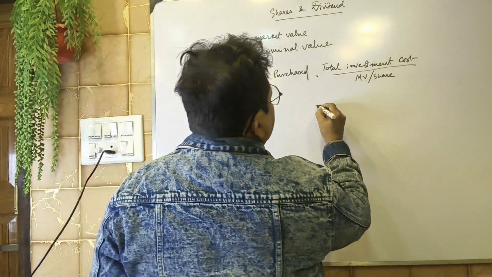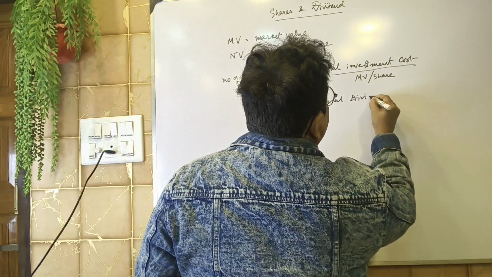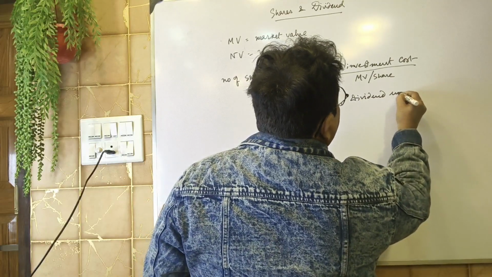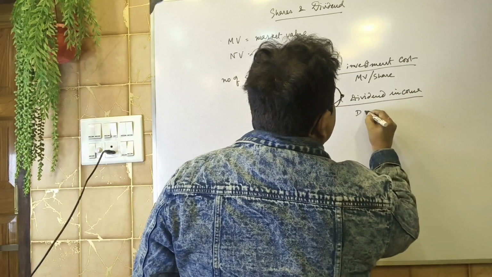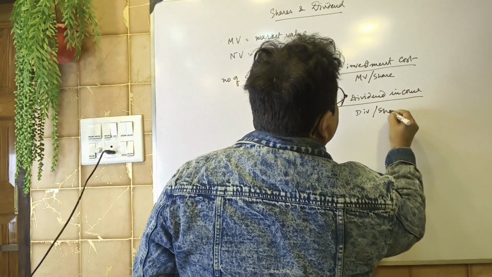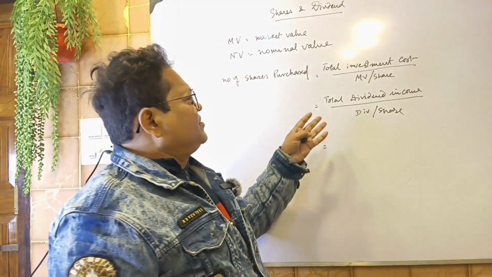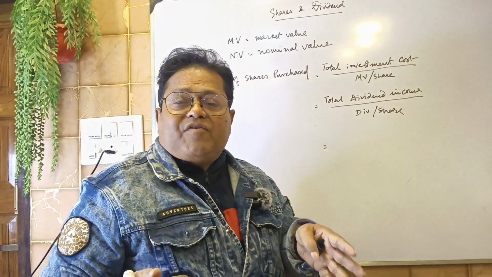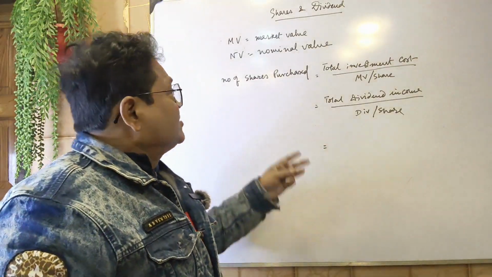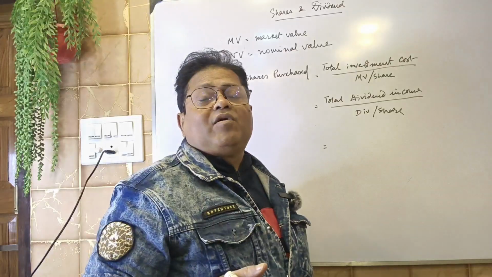or total dividend income divided by dividend per share. There are many types of relationships from which, as per the given information, you can derive the number of shares purchased or the number of shares held by the shareholder.